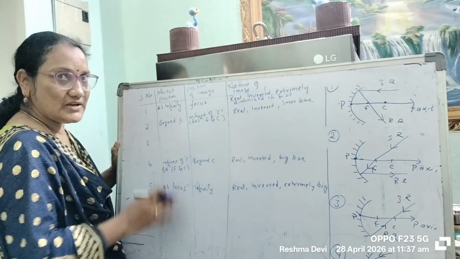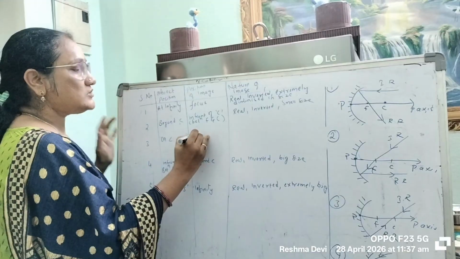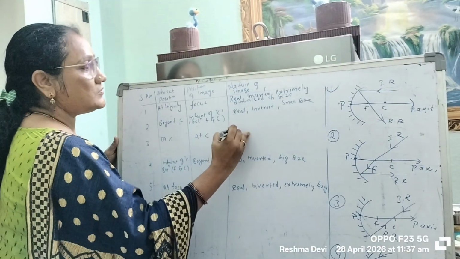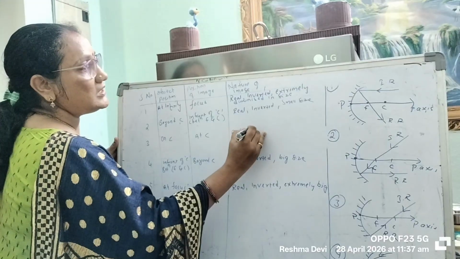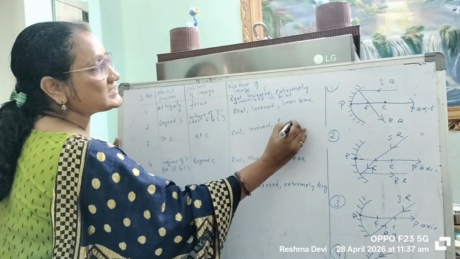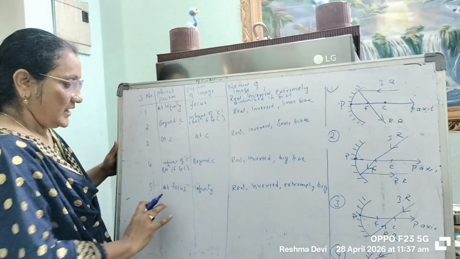Now these two are completely different. Now on C. Image also at C only. Now real, inverted, object size, image size are same. Now sixth one.